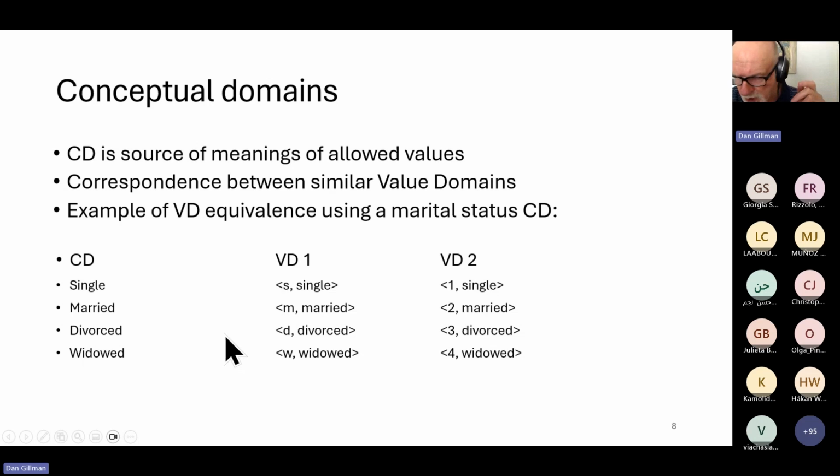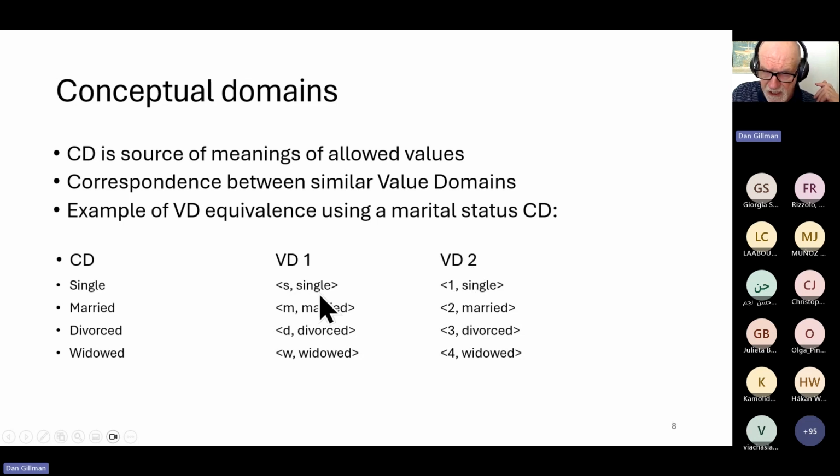Part of the description of a value domain is what's called the conceptual domain, which is the set of all the meanings associated with the values. So in the marital status example, we have the categories single, married, divorced, and widow. Those are of course names, but the idea is to convey the meaning of the categories that are each represented in VD1, value domain 1, and VD2, value domain 2.